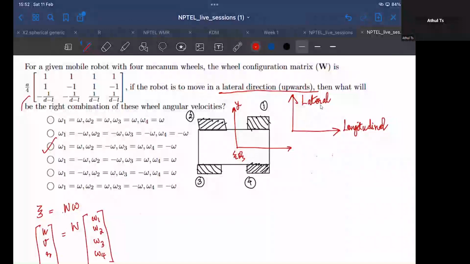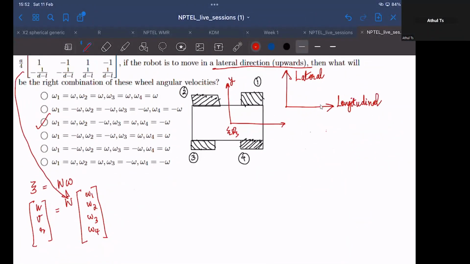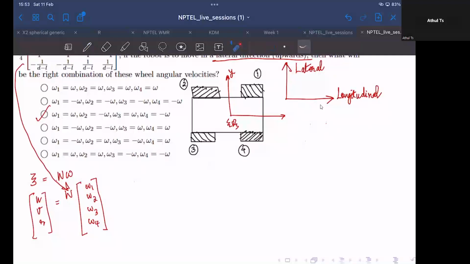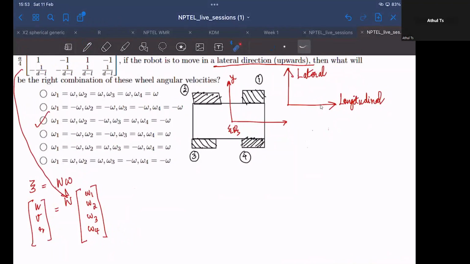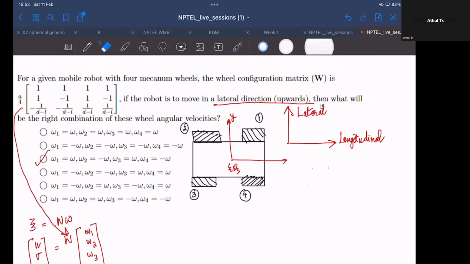This is your W matrix. And you are required to find out the right combination of this so that you would get a desired zeta vector.